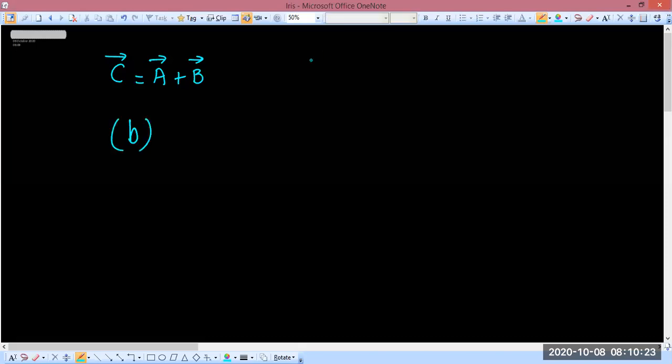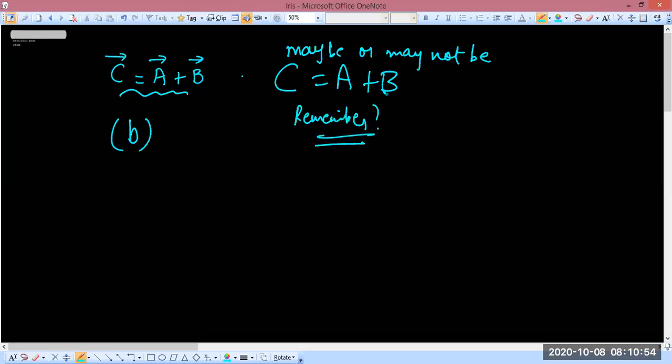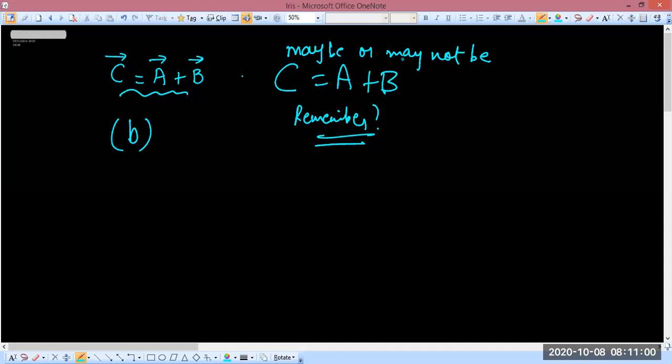Many of you are saying C. That is rubbish. People, warning, an important point: if you write this, then this may not be true. I hope you remember that this may or may not be true. It is not necessary that it is always true. Do you remember this, everyone?